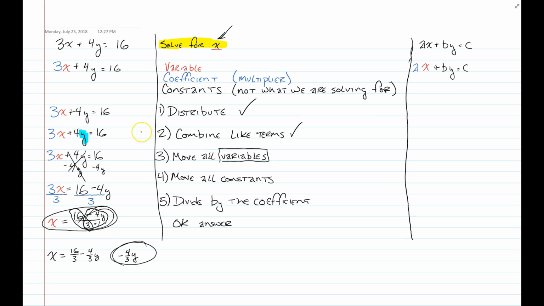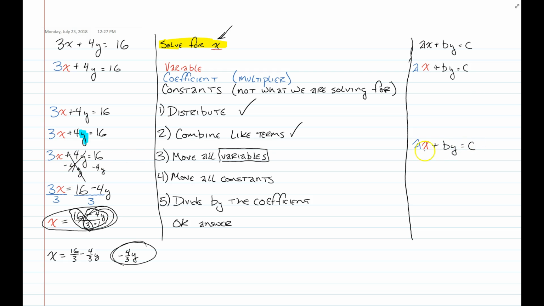Now, what I'm going to do is I'm going to go through the exact same steps. Hopefully you can see the steps 1, 2, and 3 are going to remain exactly the same. Let's get to step 4, where we are moving all the variables. So let me start by writing ax plus by equals c.